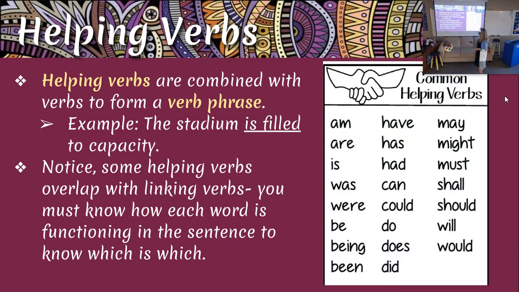If you just see one of these verbs by itself in the sentence, it's a linking verb. But if you see one of these verbs and it's followed by another verb, then it's a helping verb because it's helping out that second verb. Does that make sense? Questions?